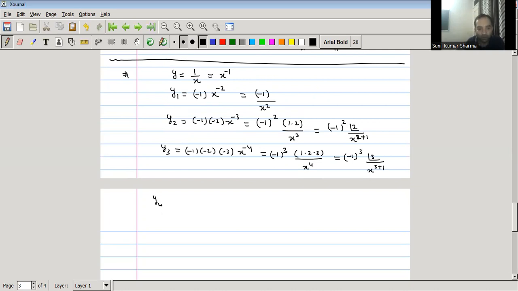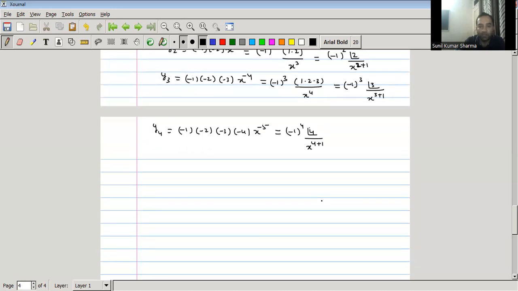What is y4? Y4 is minus 1, minus 2, minus 3, minus 4, x power minus 5. So can I write directly (minus 1) to the power 4? Yes, 4 factorial, very good, upon x power 4 plus 1. Now I hope you understand this concept.